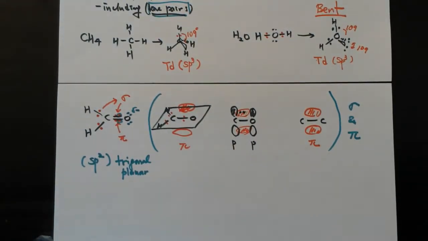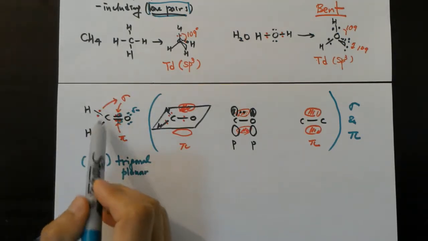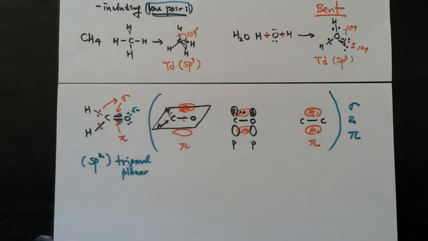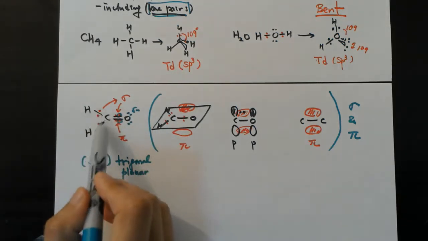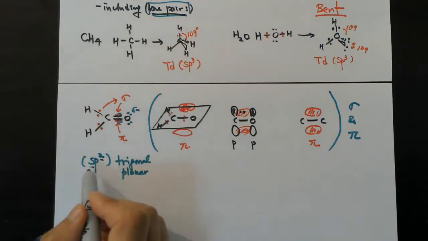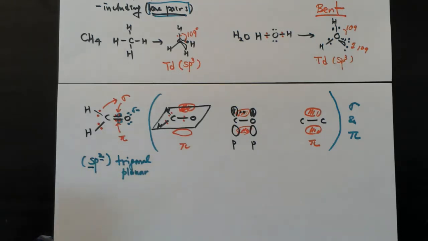When you see the structure, you notice sigma bonds and lone pairs. Around the carbon you have 3 sigma bonds and no lone pair, so 3. That's when you know, oh, I need 1 s and 2 p's, 3. Mix them up, you make sp2 orbitals.